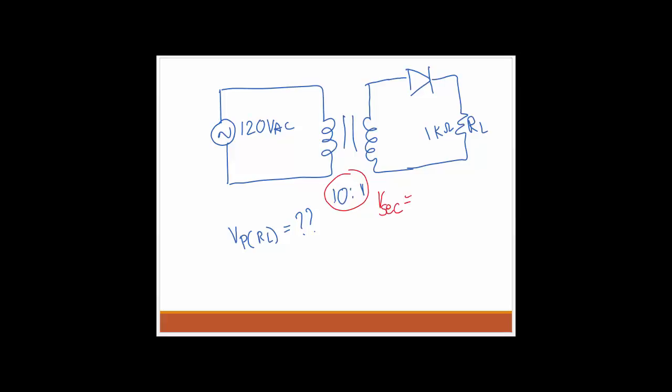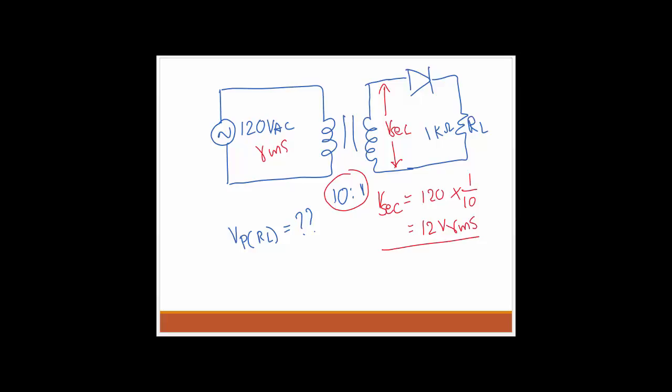If you observe, the secondary voltage is fed to the rectifier, not the primary. So the secondary voltage is the primary voltage, 120 volts AC, times 1 over 10. In this case, it's 12 volts. Remember that this AC voltage is given in RMS, so the secondary voltage is 12 volts RMS.